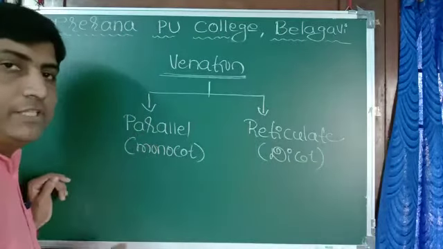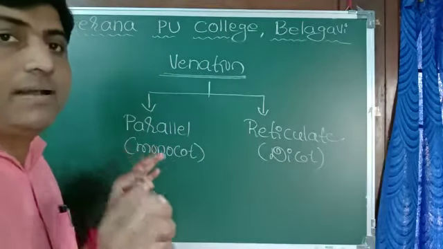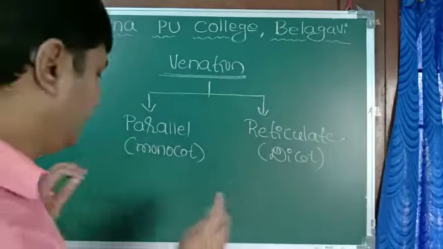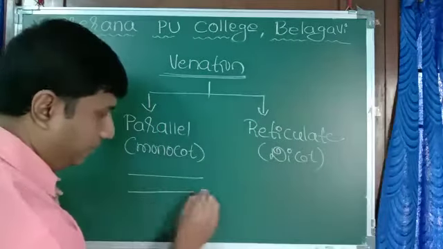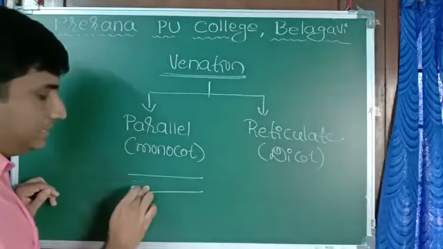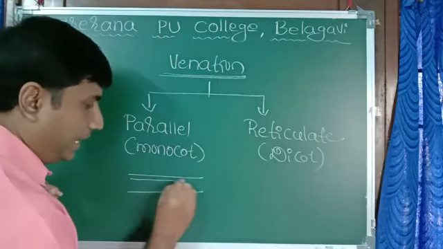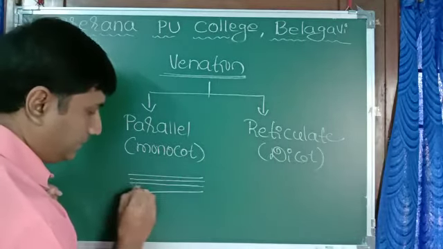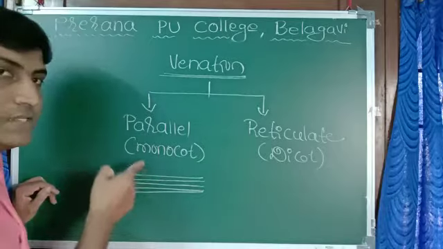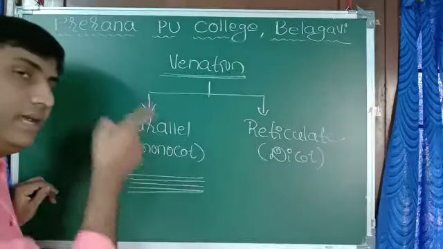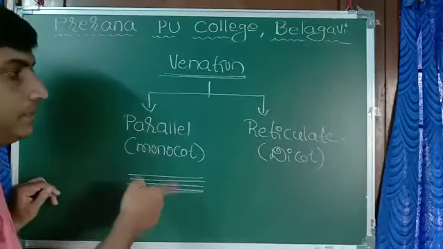What is parallel venation? Take a leaf of grass or coconut. Inside we will see veins which are parallel like this. By this we can understand the leaf belongs to monocot.